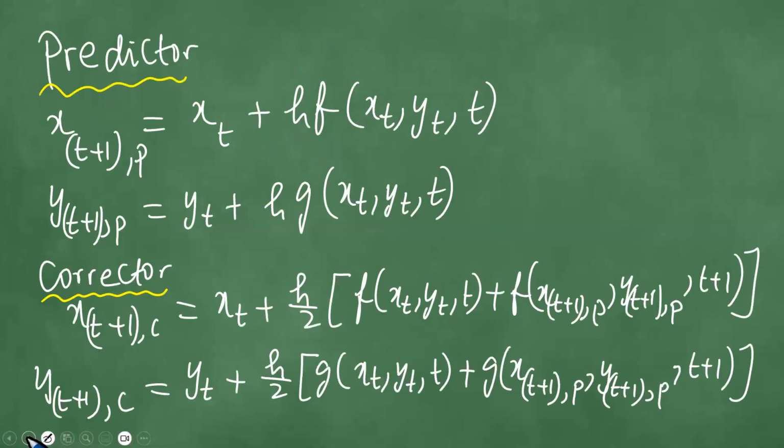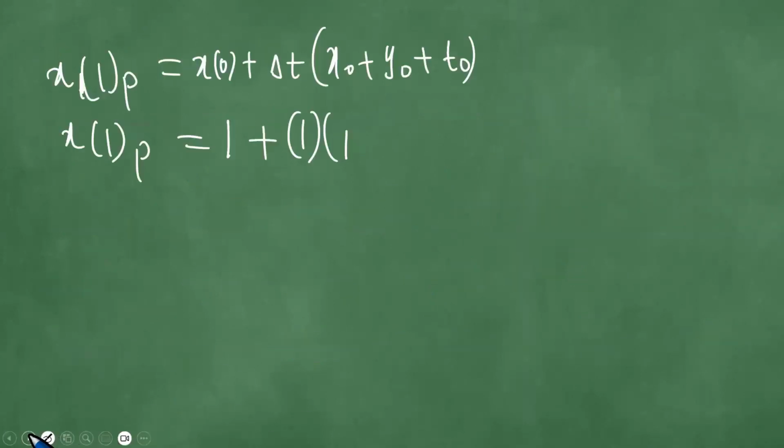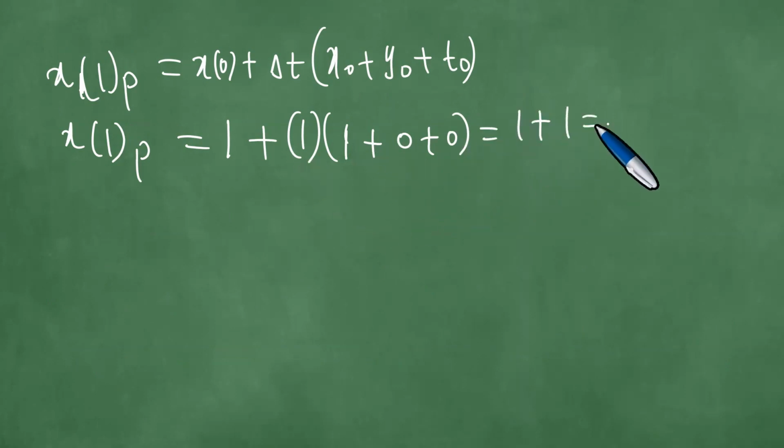Obviously, it means that at this point, this is x0, which is 1, this is t0, which is 0. And what is y0? We have seen that y0 is 0 and t0 is 0. All right, and therefore this is 1 plus 1, 2.